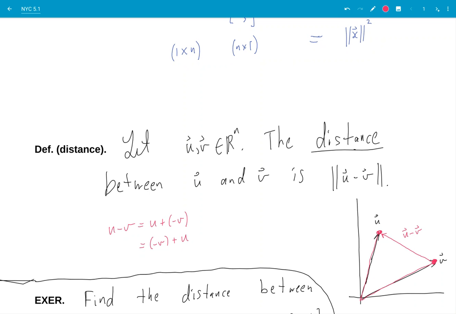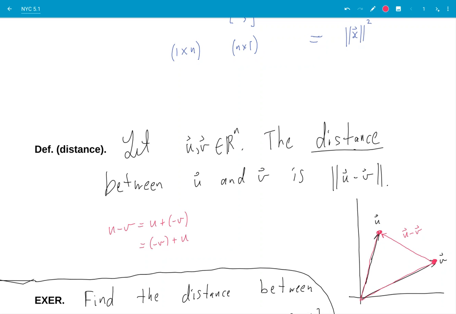Okay, so what I did there was I convinced myself that u minus v, in some sense, is the vector that goes from here to here. If you don't understand what I just did, I recommend you watch that part of the video over and over and over again, because that bit of reasoning is going to be very important later.